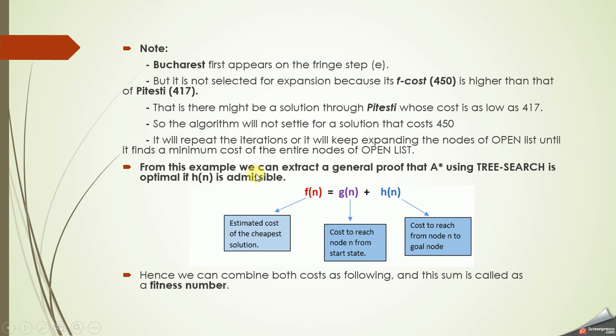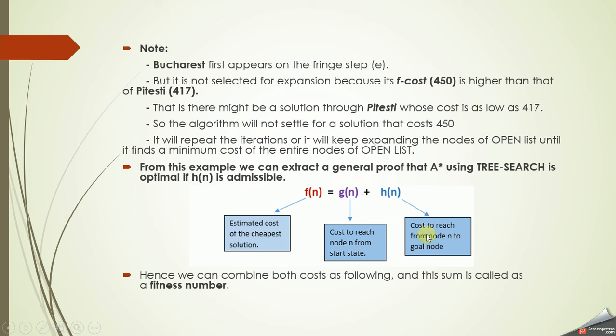Admissible heuristic means that whatever value we set as the heuristic function, it should never overestimate the cost of the function. So this is the formula, which I have put up here again as a reference. This f of n is the estimated cost of the cheapest solution. This g of n is the cost to reach node n from the start state.